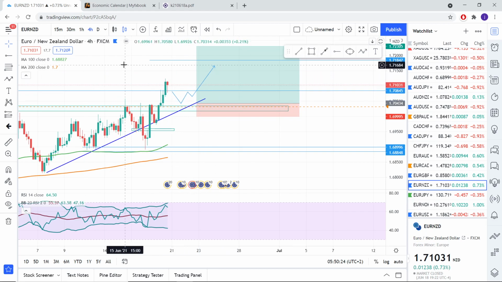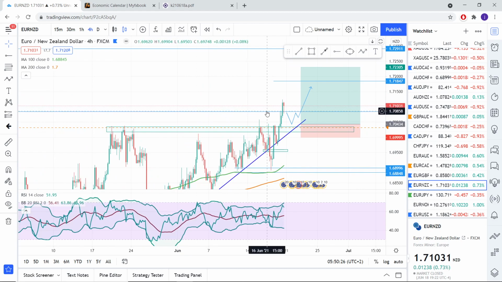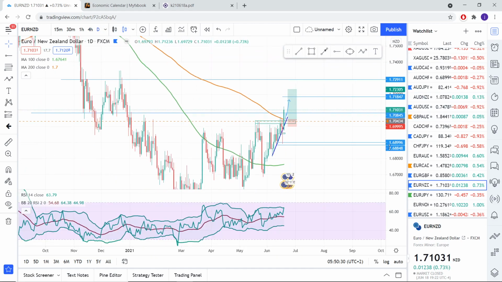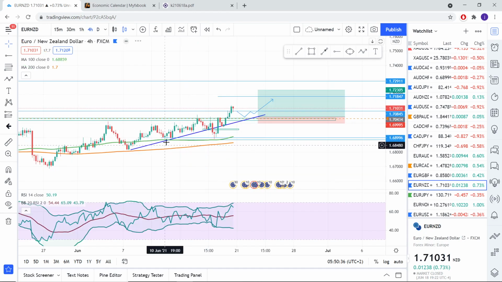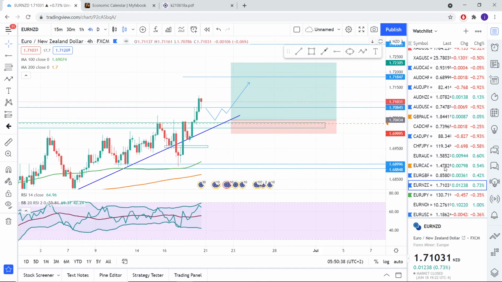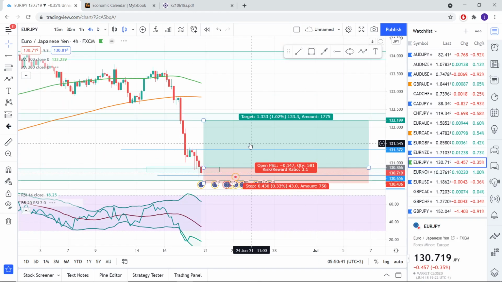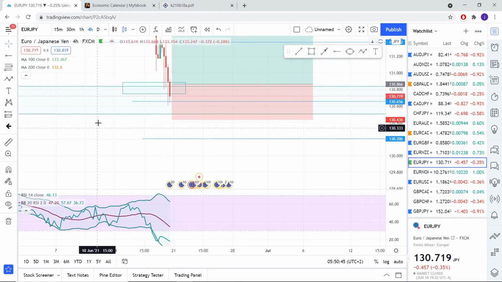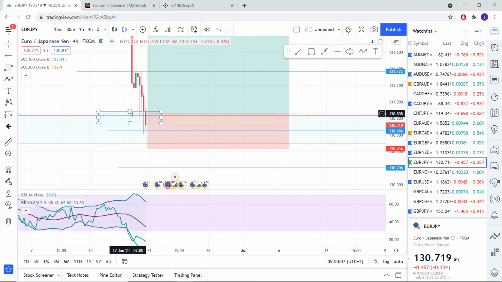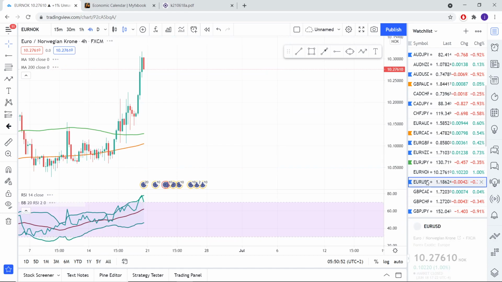Alright, so something that could potentially happen is this, looking for that pullback, for a continuation back onto these highs right around here, even lower right here. Alright, so yeah, potentially this is a good setup as well to possibly look at. Euro JPY, already spoke on this. Alright, I'll be actually looking to see some pullback into this zone and a continuation moving up. That'll be nice to see.